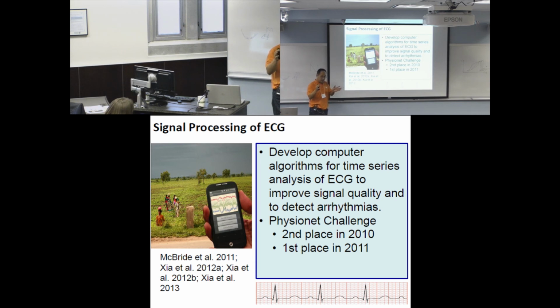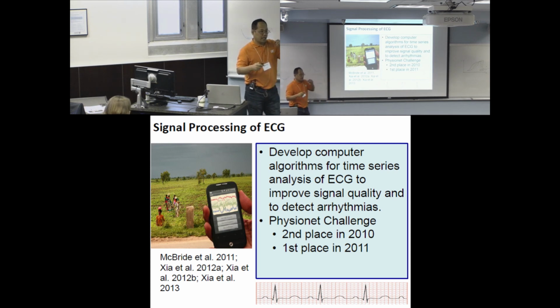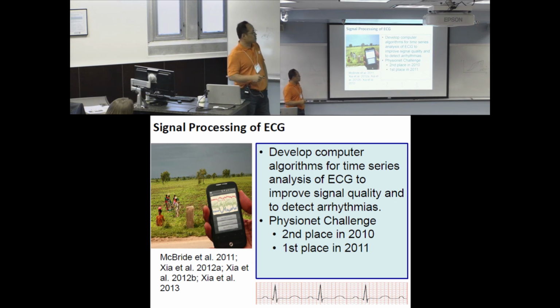We have done several pieces of work to fill in the gap if an ECG record has a gap, meaning you are missing the signal for a limited amount of time, and we have a technique to fill in the gap. Also we have a way to estimate the error, the noise level, the quality of the ECG, and to detect human errors. For example, a nurse takes an ECG, she may make a mistake by switching two electrodes. We can detect that to a certain degree.